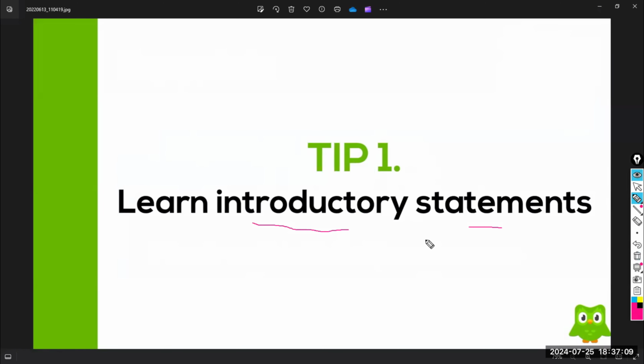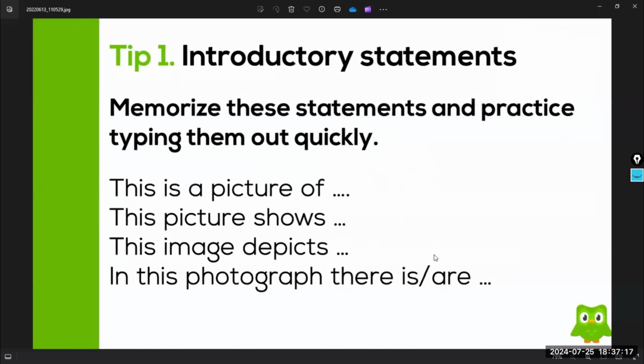Not a complete introduction as when we are writing an essay, but a small introduction just to tell the reader that I'm introducing you to get you ready for the description that I'm writing. So try your best to memorize these statements and to practice typing them out quickly.